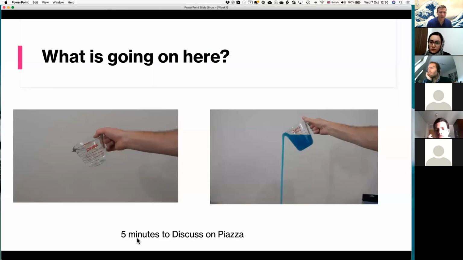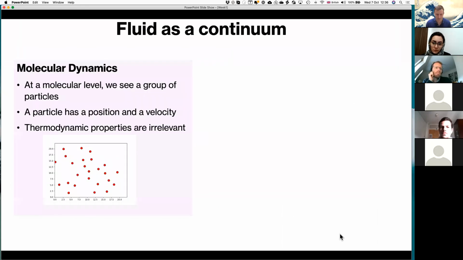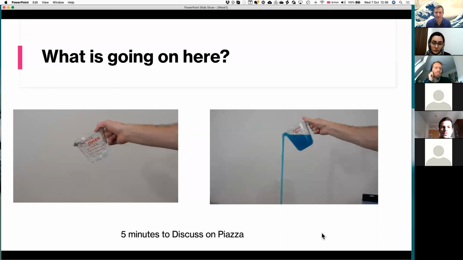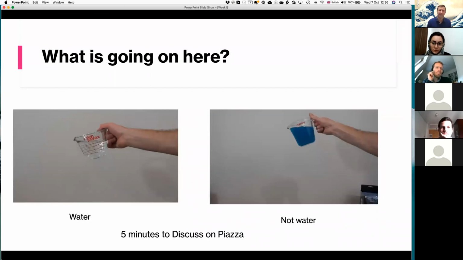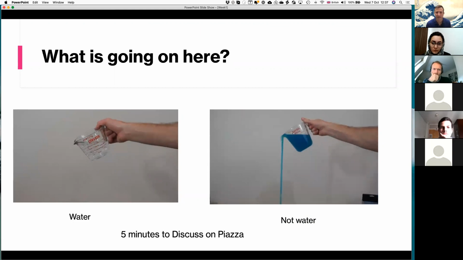So you've got here a jug with some water in it, and you've got here a jug which is not water. And if you look closely, having just said that it's fairly easy to define a fluid, something very strange is happening in the one on the right.